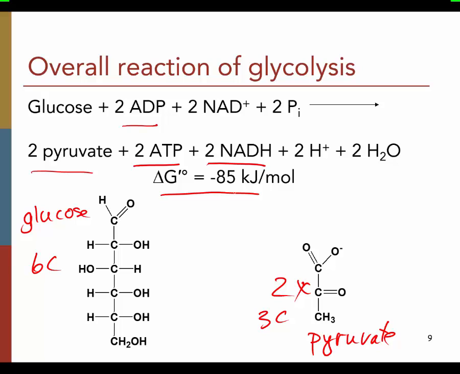And so from what you guys talked about on Tuesday, what does that mean to you? What does a negative delta G mean? So it's spontaneous, right? It's going to go in this direction spontaneously if what? What does the standard state mean?